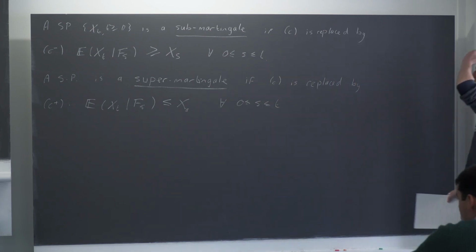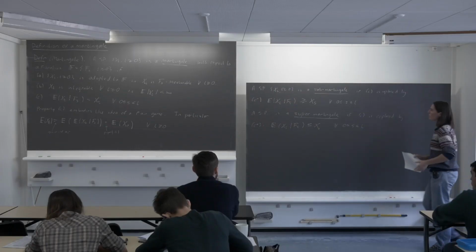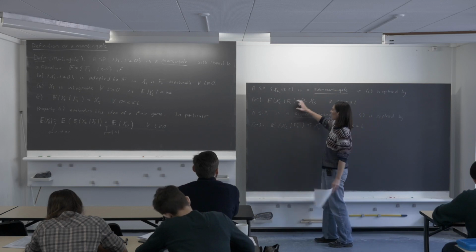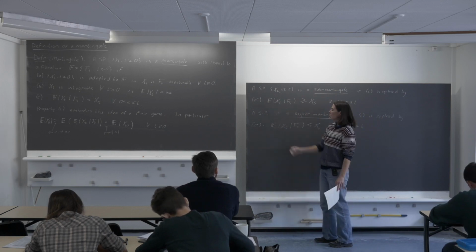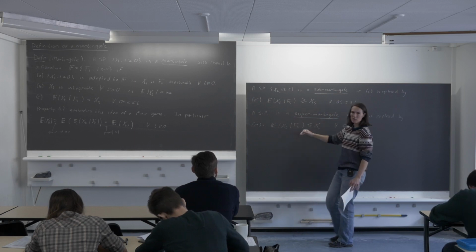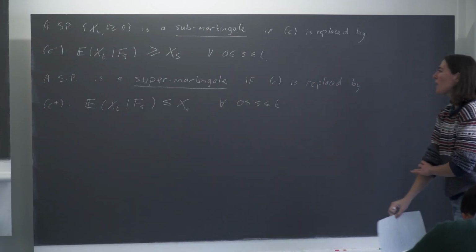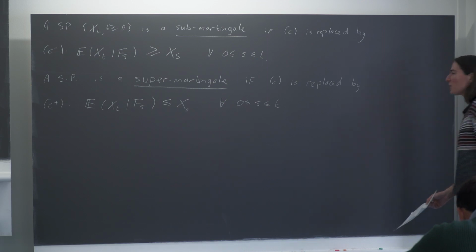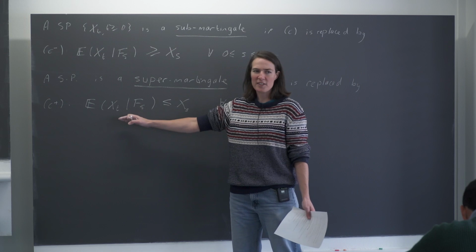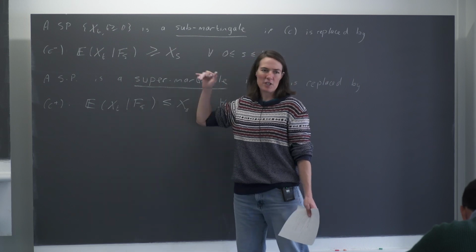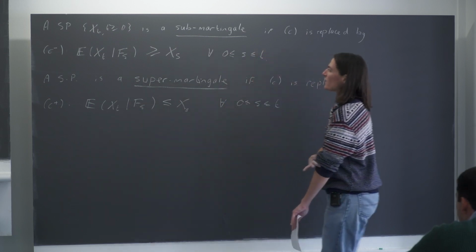Okay, so these might seem a little bit backwards to you. Somehow for the sub-Martingale, your expected profit is increasing, and for the super Martingale, you're doing worse. So one way to remember it is, well, there's nothing super about a super Martingale. If your profit is a super Martingale, you're basically on average losing money, which is not that great.